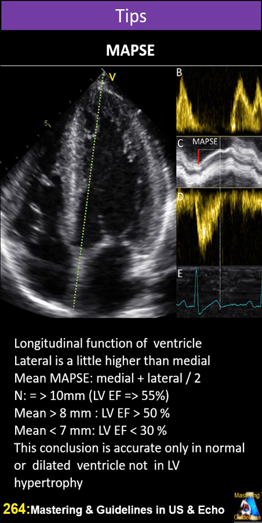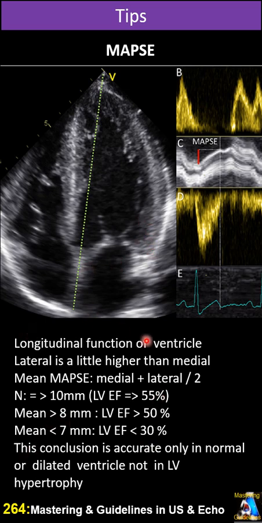But just remember, in those cases that you don't have very clear endocardium and you don't have access to any contrast, but you want to give a number, get a general idea about the ejection fraction, in those cases and in other cases, MAPSE and MAPS-V, that is M mode, and the tissue Doppler MAPS-V, can give us a good evaluation for ejection fraction.